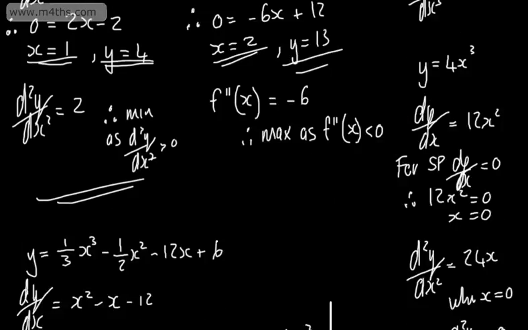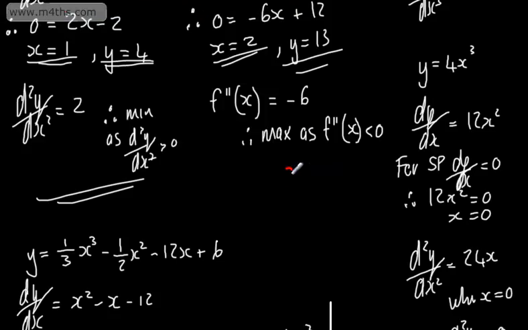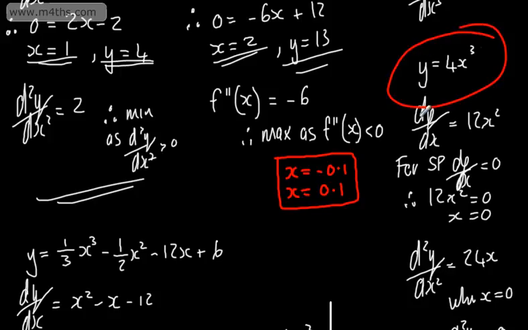If I write this up, we've got x is equal to negative 0.1 and x is equal to positive 0.1. If I substitute into dy dx when x is equal to negative 0.1, dy dx is going to be 12/100ths, which we could of course simplify.